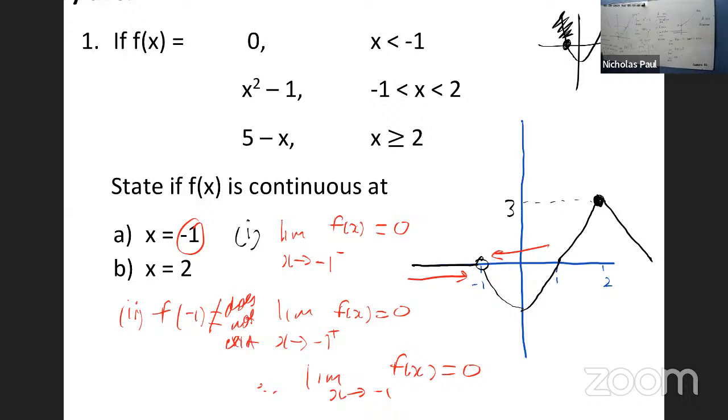So therefore we conclude it's not continuous. Without the graph, can you identify that it doesn't exist at minus 1? It's not defined there. So we don't need the graph all the time. Some methods you have to have the graph, some you don't. Yeah? What's the question you're asking there?